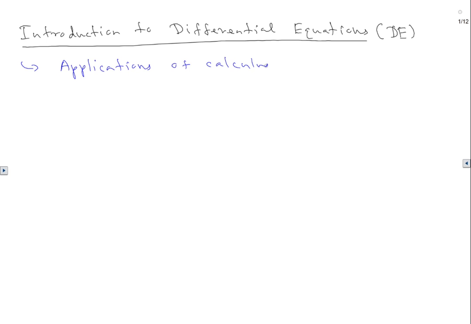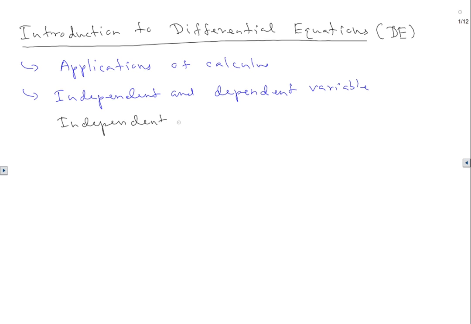The first important one is the independent and dependent variable. So what's the independent variable? An independent variable is a variable that can take any value in a domain of a function.